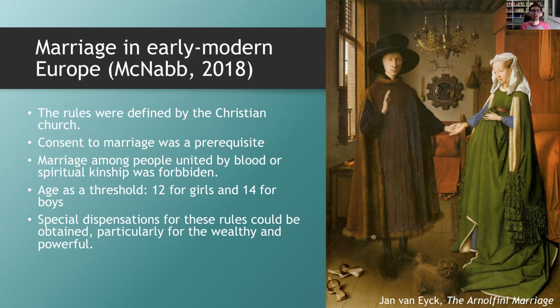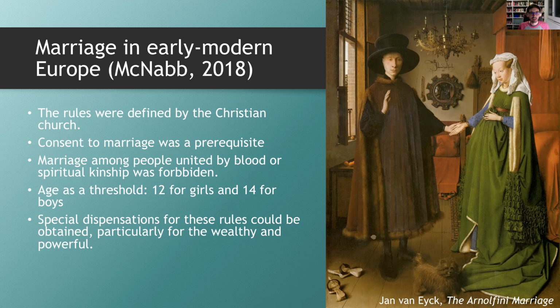You could look at European royalties for that. There's a lot of intermarriage there. And of course, consent was only required in theory, because in the end, marriages were social contracts, and there was a lot more that came into play.